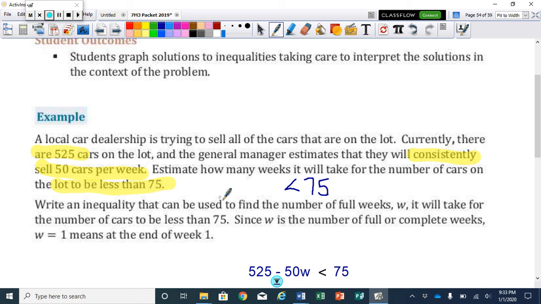Write an inequality that can be used to find the number of full weeks W it will take for the number of cars to be less than 75. Since W is the number of full weeks or complete weeks, W equals 1 means at the end of week 1.